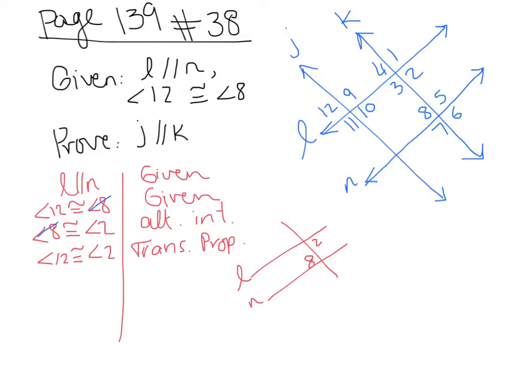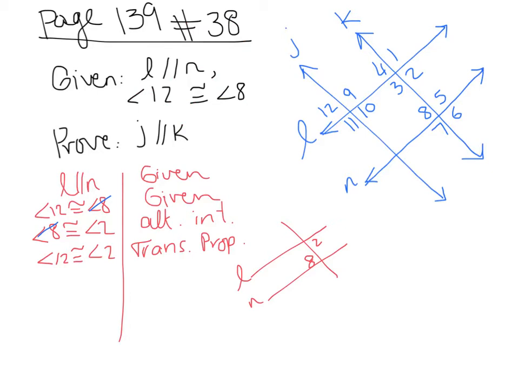Angle 12 and angle 2 are related to J and K, which we're trying to work with. But we can't say that 12 and 2 are alternate exterior here, although they are, because J and K are not parallel yet. So if we reached those two angles by using the transitive property, now we can conclude that J is parallel to K because these angles make alternate exterior.